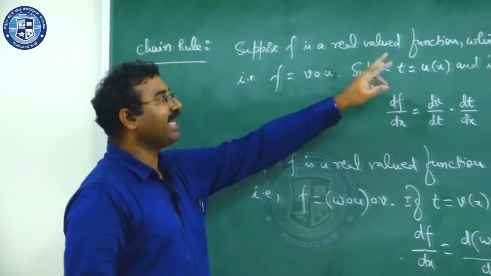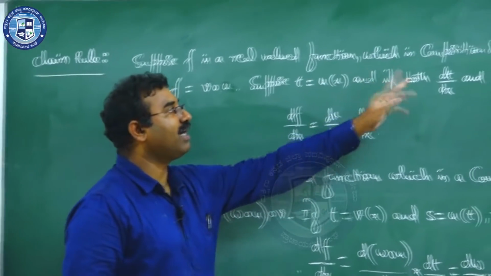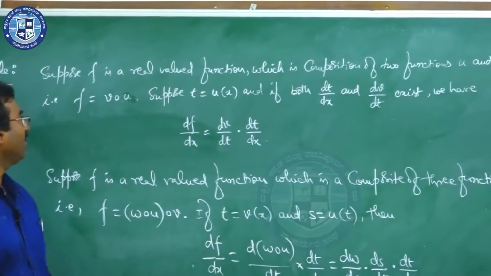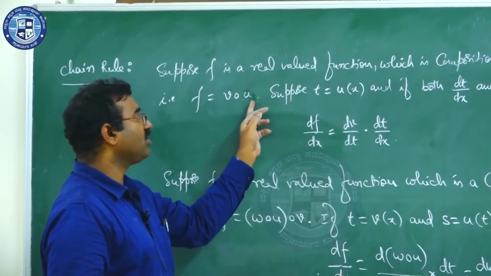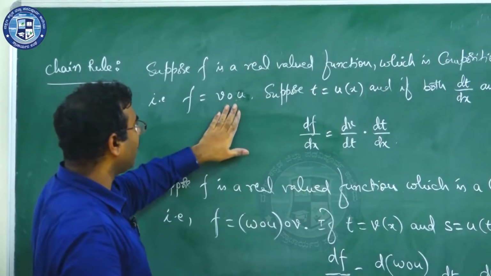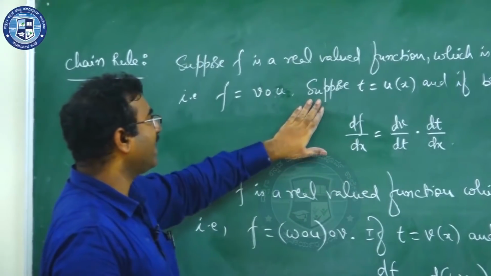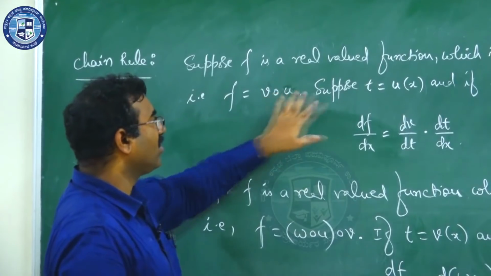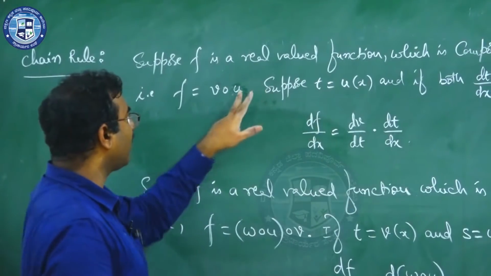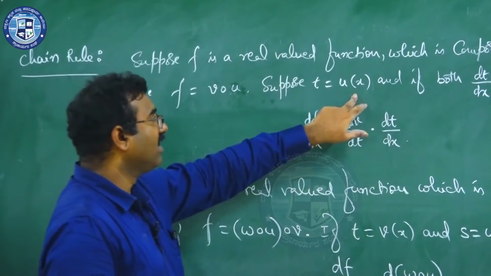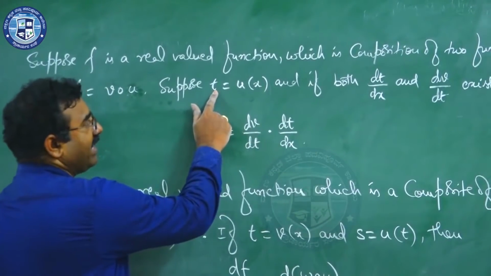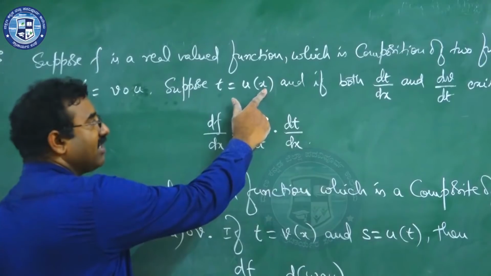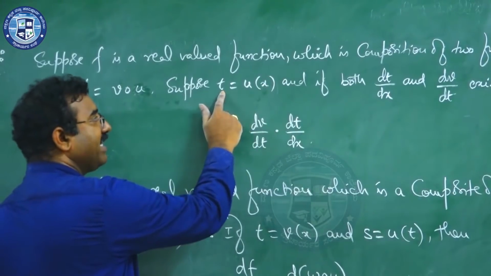Suppose f is a real valued function which is a composition of two functions u and v. That means f is equal to v composition u. Here suppose I take t is equal to u of x. Whenever x changes, automatically t changes.